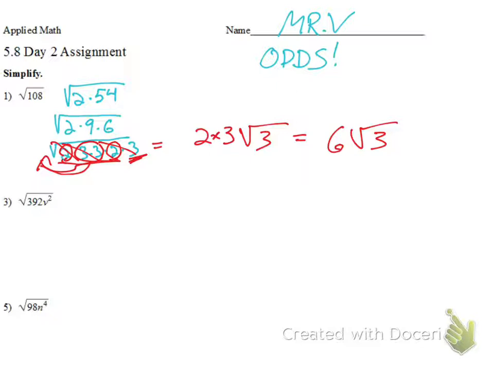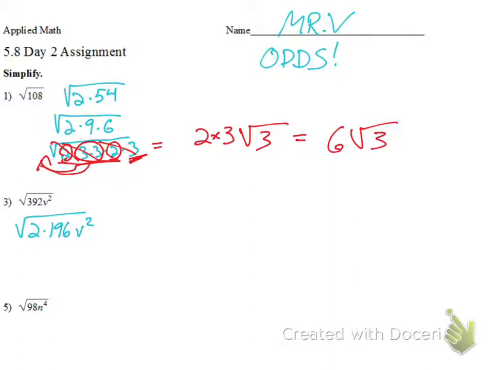I have 392v squared, so 392. I know that's even, so that's going to be, if I just do what I normally do, if I divide that by 2, that's going to be 2 times 196 v squared. I can break down 196.